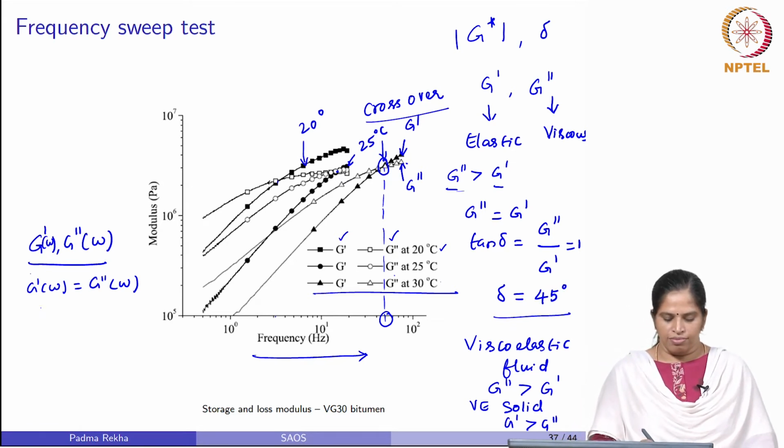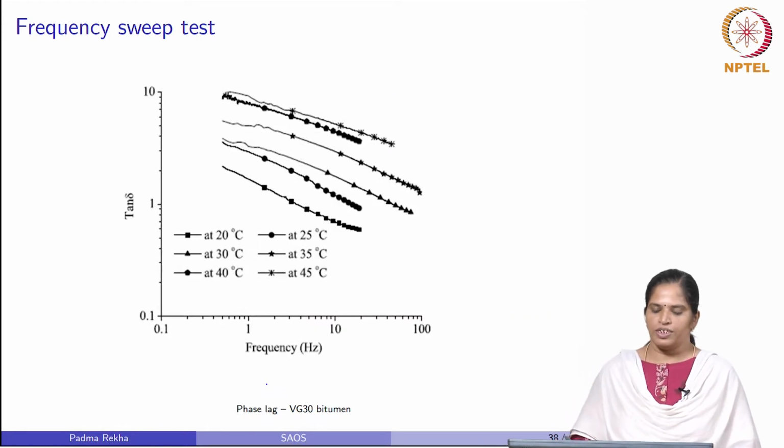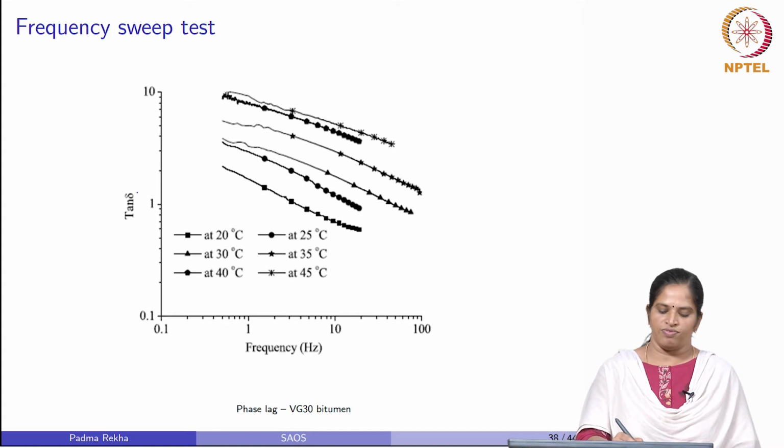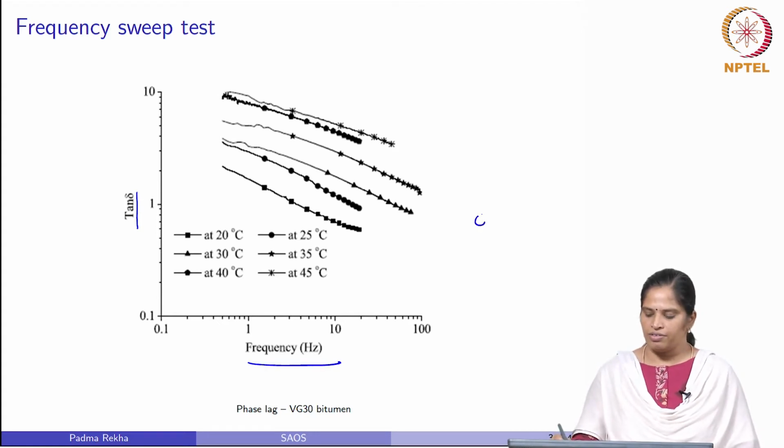So, G prime and G double prime also depend on temperature. You can see a variation of phase angle with respect to frequency. So, tan delta value is also frequency dependent.